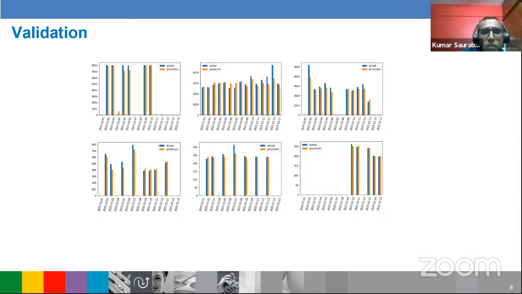We looked at such metrics to make sure that these forecasts are within acceptable limits. Visually also you can see these are good predictions, and in the bottom chart are some examples of forecasts coming out of the SES model, the simple exponential smoothing. And again, we looked at some of the metrics to make sure that we have accuracy within acceptable limits.